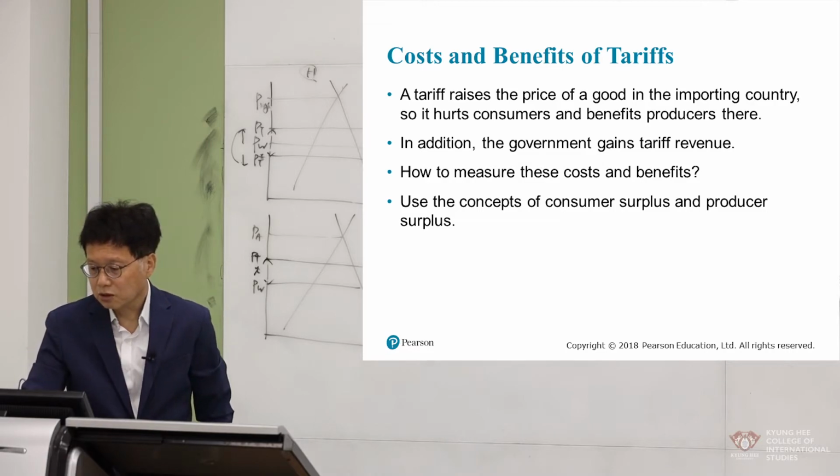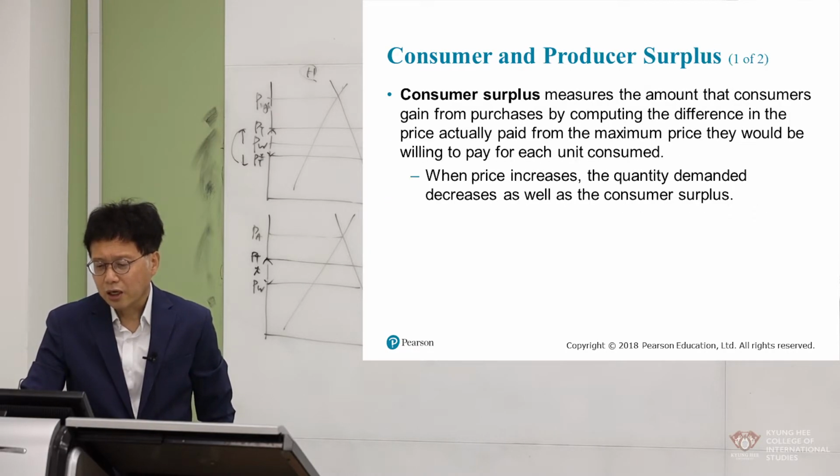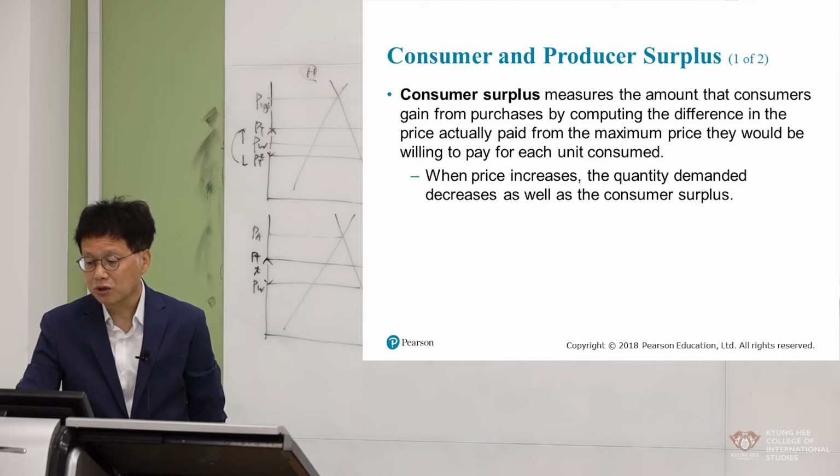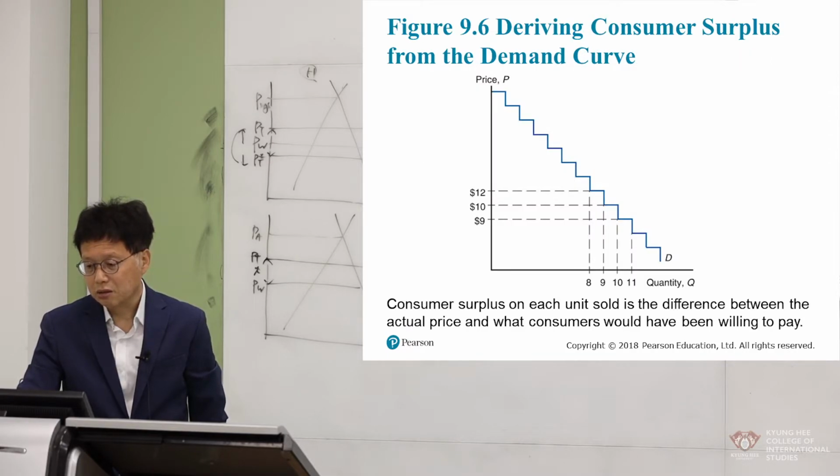Use the concept of consumer surplus and producer surplus. These concepts were explained in the microeconomic summary. Consumer surplus measures the amount that consumers gain from purchases by computing the difference between the price actually paid and the maximum price they would be willing to pay. I'd like to skip this, it's too easy.